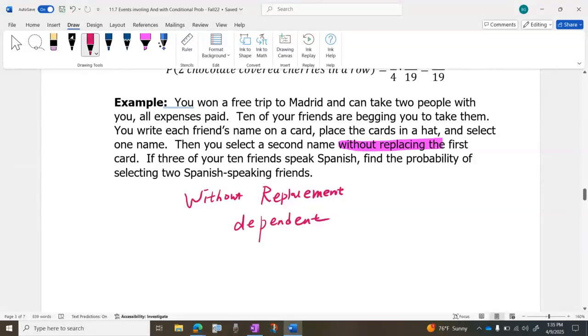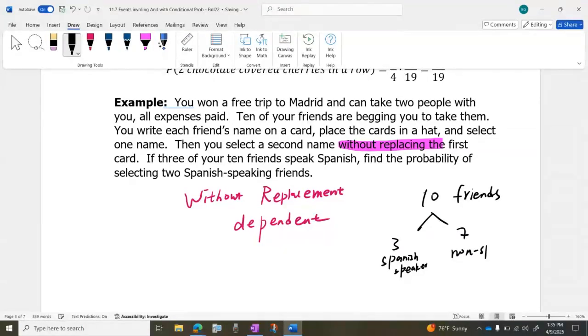Okay, let's sort out the settings here. How many friends? 10 friends. Among the 10 friends, 3 are Spanish speakers. The other 7 are non-Spanish speakers.